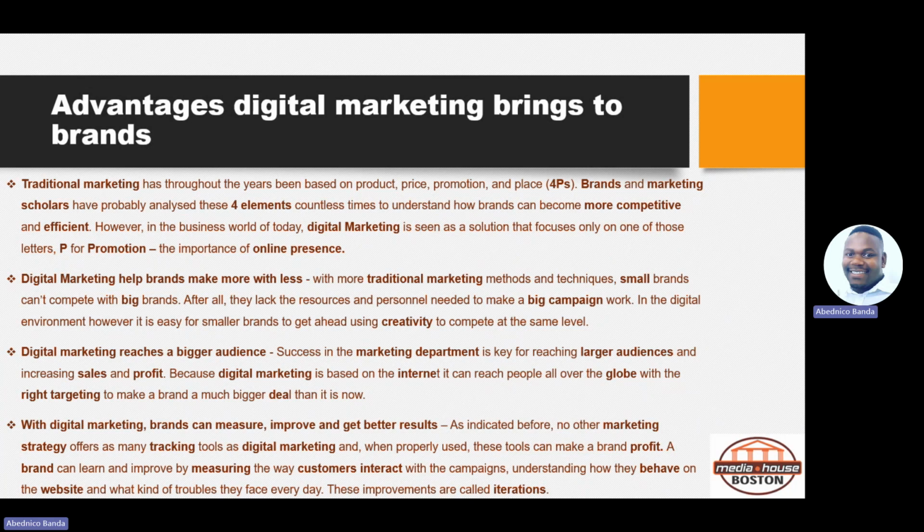However, in the business world of today, digital marketing is seen as a solution that focuses only on one of those Ps. So now it's all about promotion, promotion, promotion. It doesn't necessarily mean that the other 3 Ps do not matter. However, those other 3 Ps can be under the shadow of promotion.